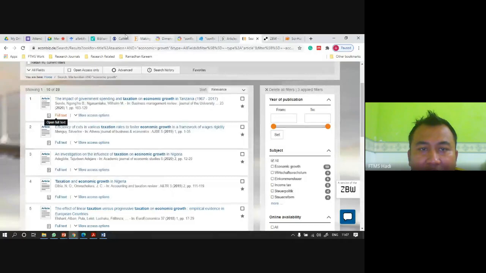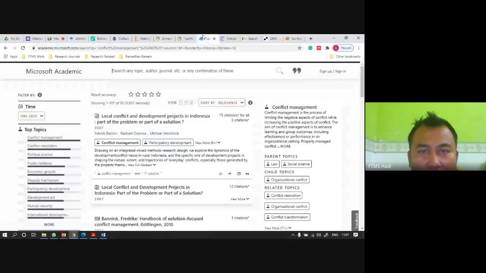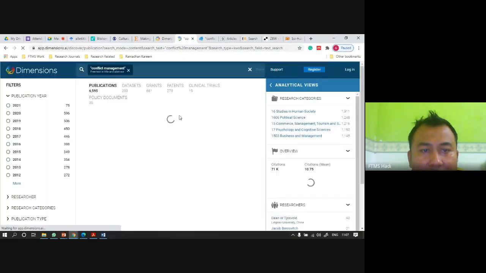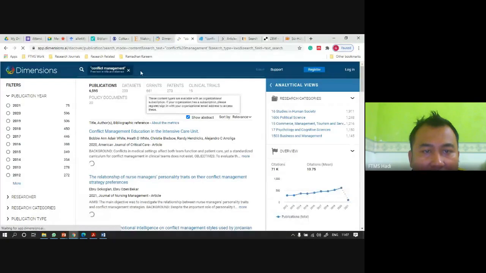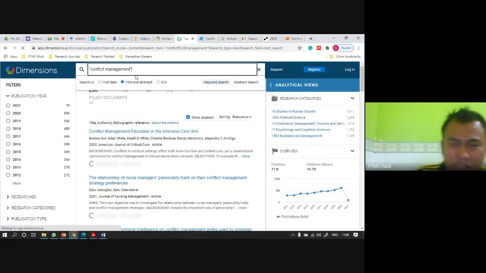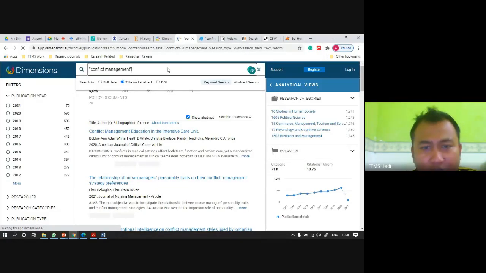I think I covered Google Scholar and EconBiz. Let's say go for the others. Probably you can try. Microsoft Academic, and also dimension.ai. Okay, for dimension.ai, you can find by title and abstract without using the field code.